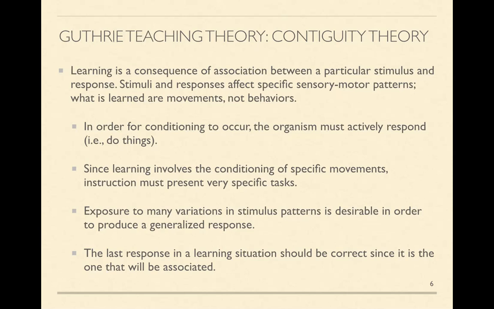And then since learning involves conditioning of special movements, instruction must be present in very specific tasks. So if we need to react in a different way to a specific situation that we're used to reacting to, then we need to be taught or given instruction on how to modify that behavior. And again, exposure to many variations of stimulus patterns is desirable in order to produce a generalized response.